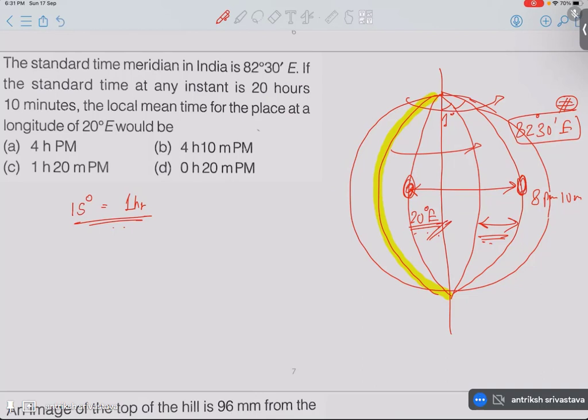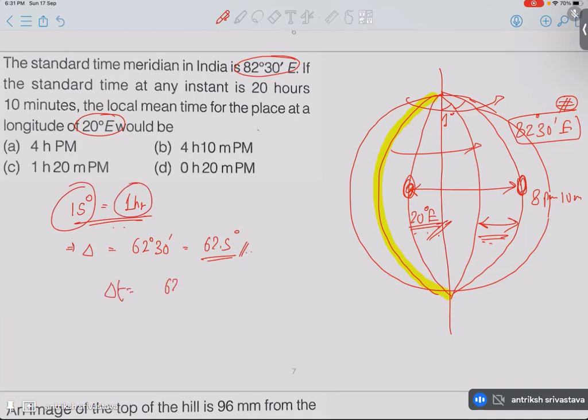So, what is the total difference in degrees between these two? It is 62 degree 30 minutes, and 62.5, we can say precisely, degrees, right? Now let's divide it by our 15 degree, and we'll get the difference in the time in hours.